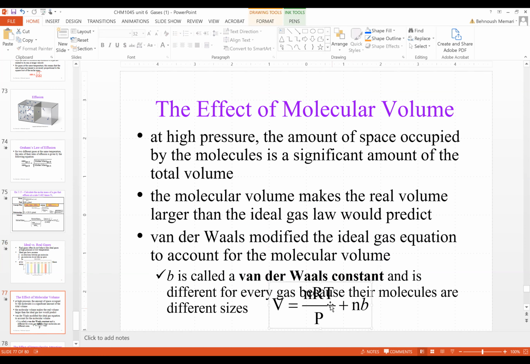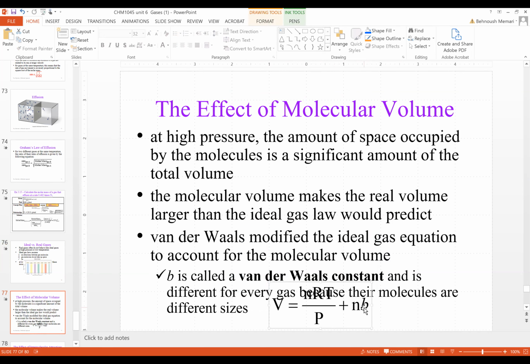So there's a factor, a van der Waals constant, that can be used for the volume. This is for molecular volume, and it can be added to the ideal gas law.